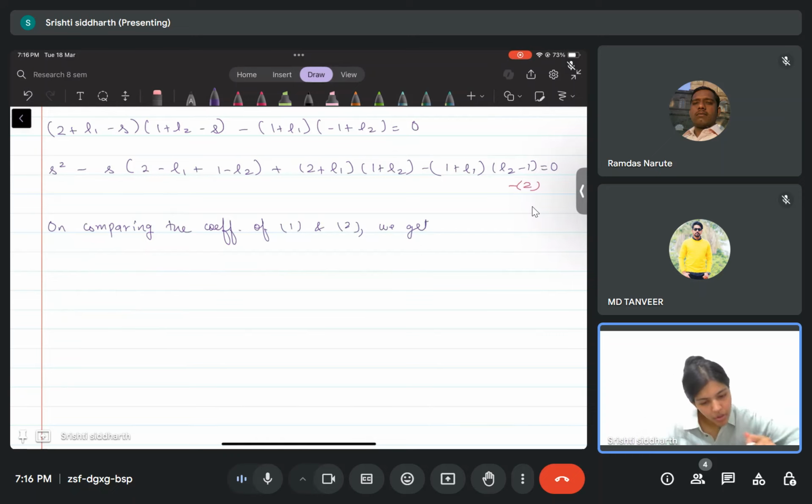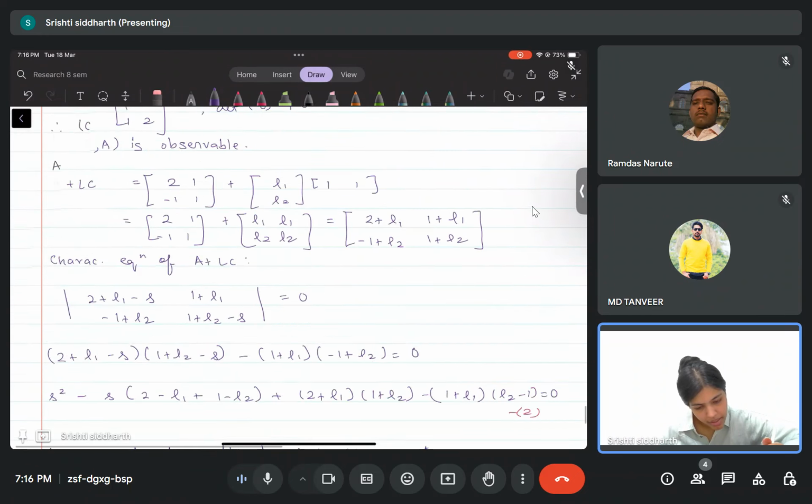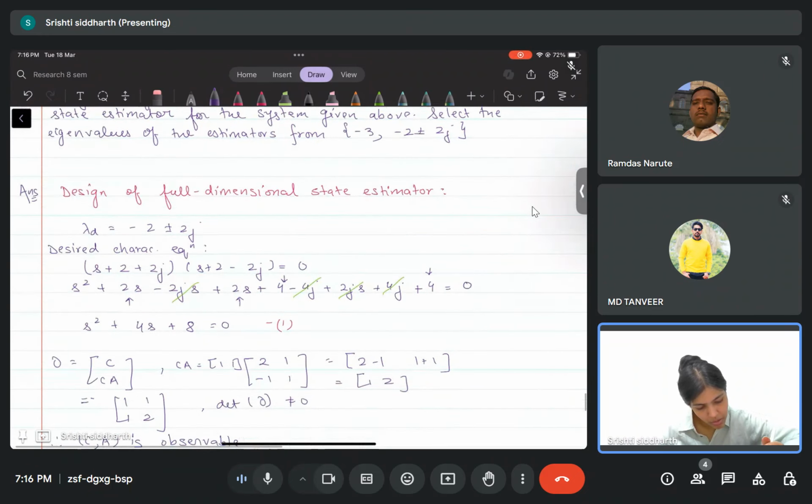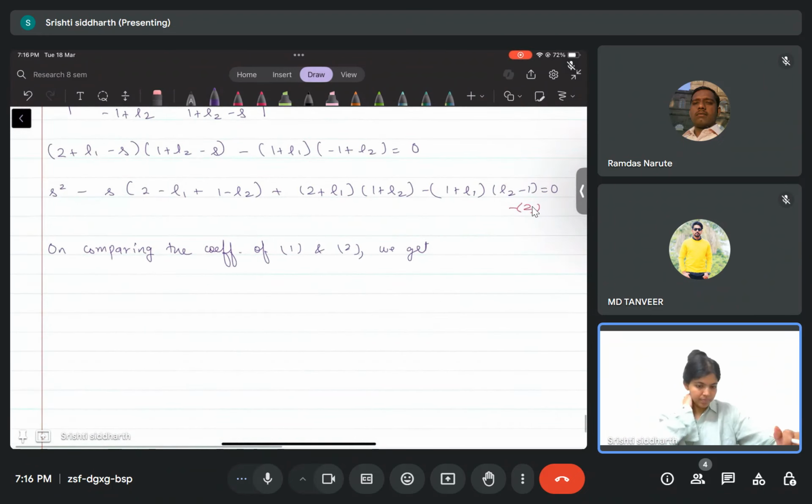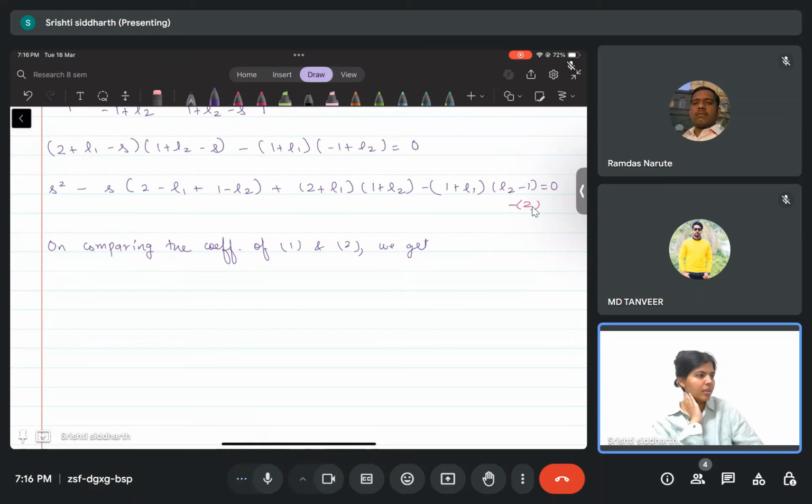You can compare each of them. So 2 minus L1, the coefficient of S is 4. I'm going to write the values of L1 and L2 directly. We can check this later.